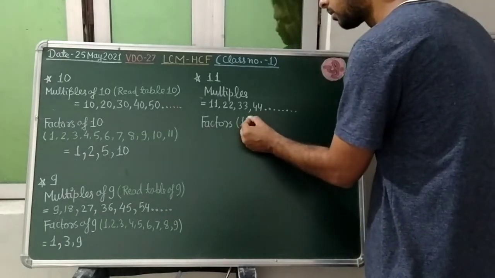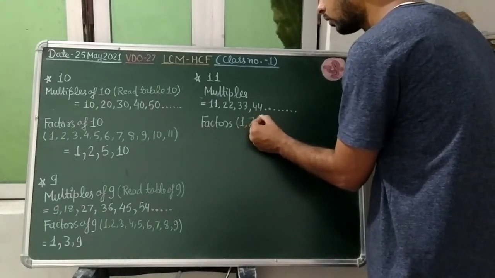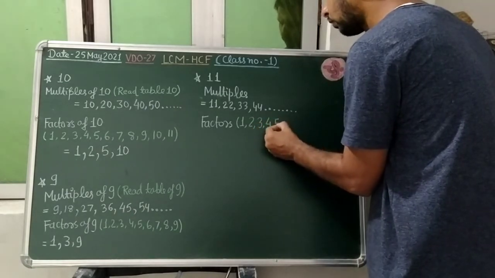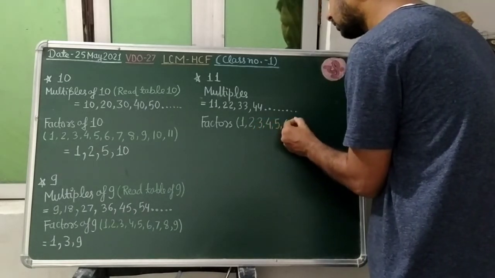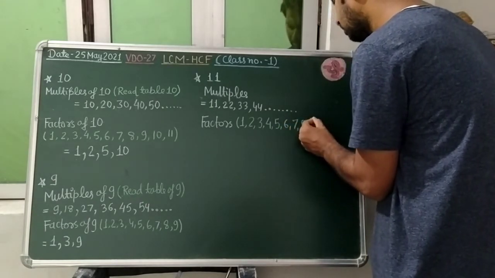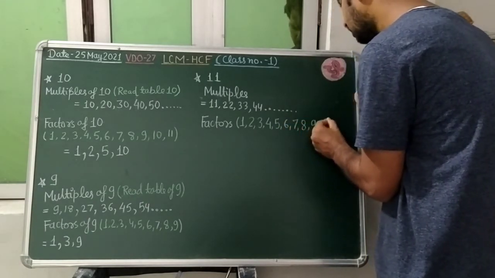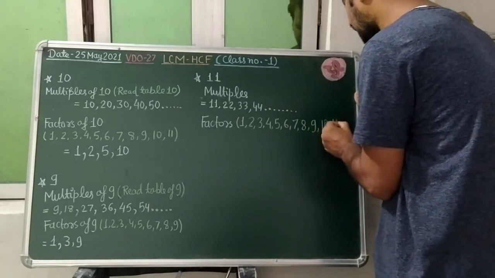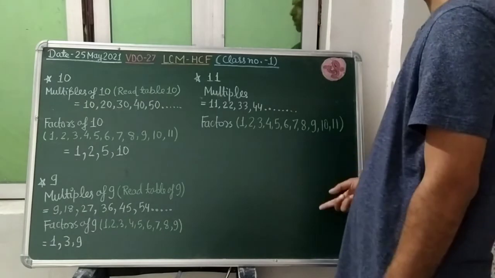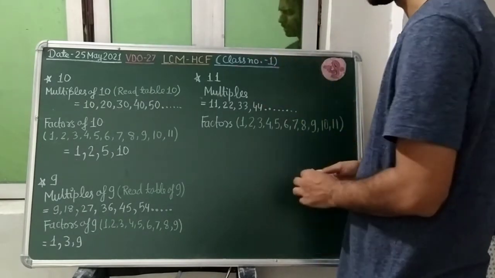So 1, 2, 3, 4, 5, 6, 7, 8, 9, 10 and 11 you will select, and we'll check which number is going to divide 11.